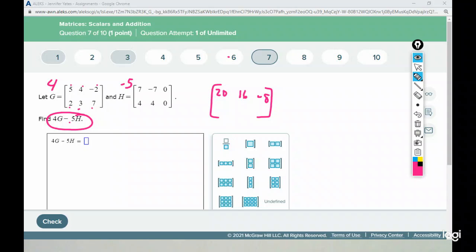Then 4 times 3 is 12. 4 times 7 is 28. So that was 4 times G.